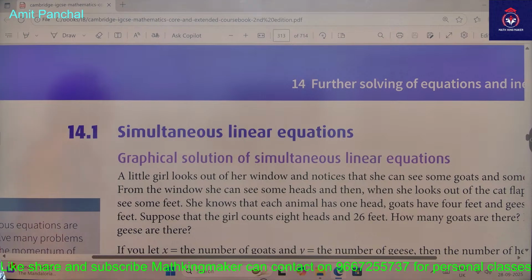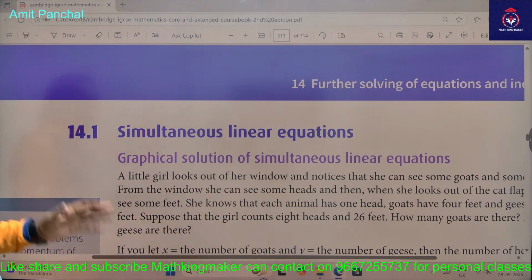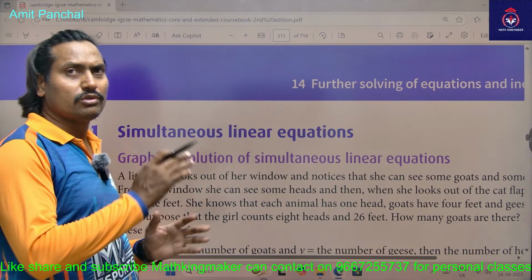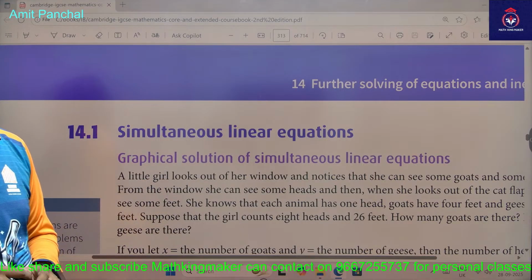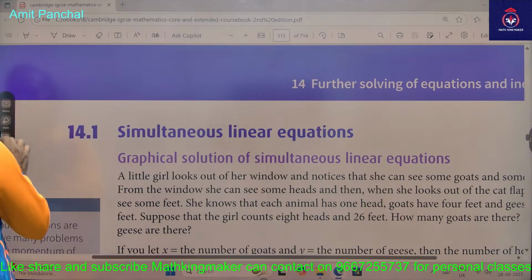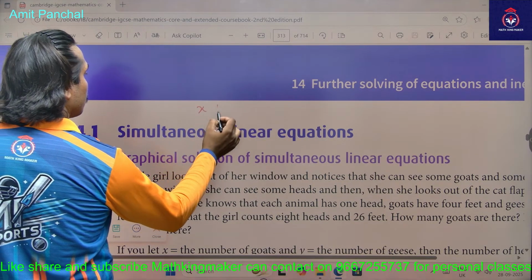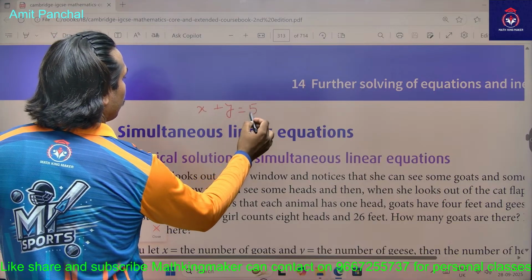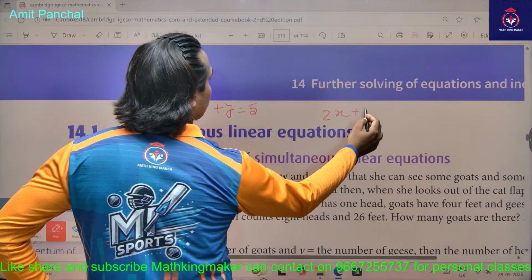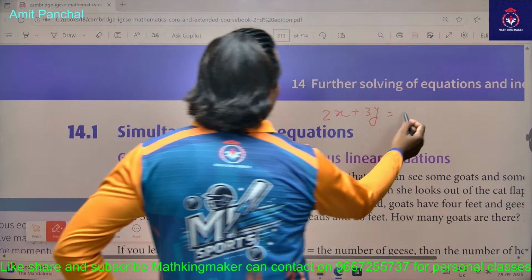First of all, we'll solve it graphically. The very basic concept I am telling you: you just need to draw. You will be given two simultaneous equations with two variables, let us say x and y. For example, x plus y equal to 5 and 2x plus 3y equal to 13.